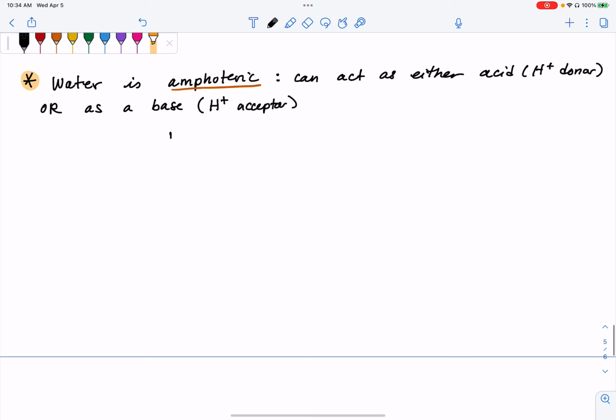You might remember from our neutralization reactions that when I write H2O liquid, I also sometimes write it as HOH.